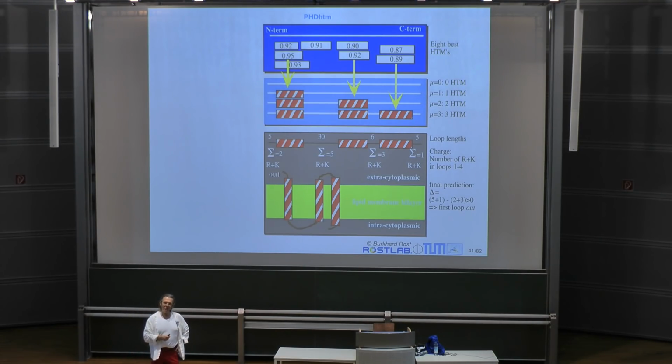Now, I pretend that this number is 6. So this is the complete set of all possible ones. Going to the second level, my first model is that I have no transmembrane helix, and I compute the probability for that. The next model is 1 membrane helix.